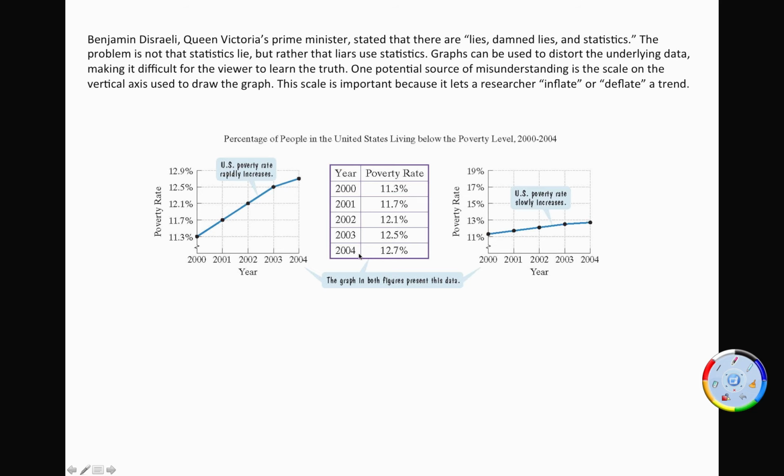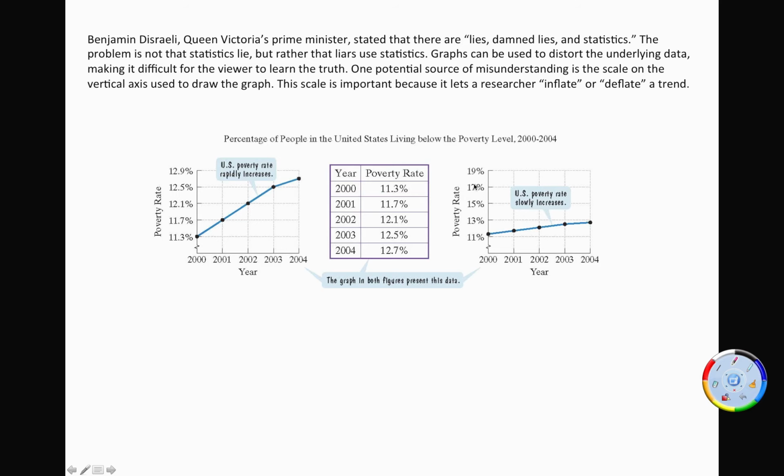Right? The graph on the left stretches the scale on the vertical axis to create an overall impression of a poverty rate increasing rapidly over time. The graph on the right compresses the scale on the vertical axis to create an impression of a poverty rate that's just slowly increasing and beginning to level off.